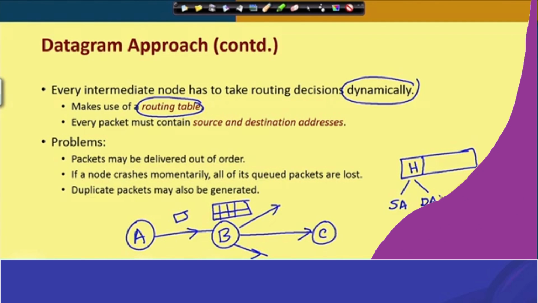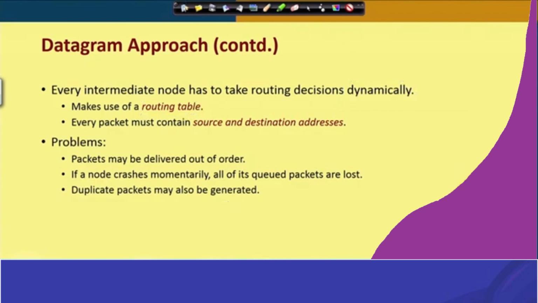Now, just like the normal postal system, here there can be some problems. When you post letters, there is no guarantee that they will be delivered in the same order in which you posted them. Similarly, packets may be delivered out of order.